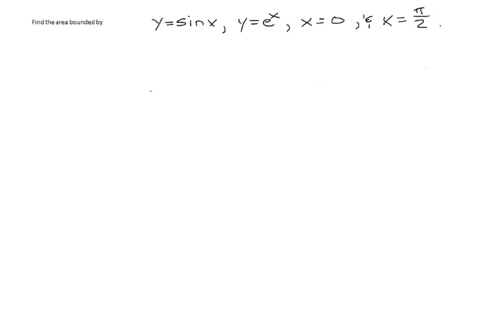We're going to have the integral from 0 to pi over 2, and then we're going to have our top curve, which was e to the x, minus our bottom curve, sine x dx. So this is our area.